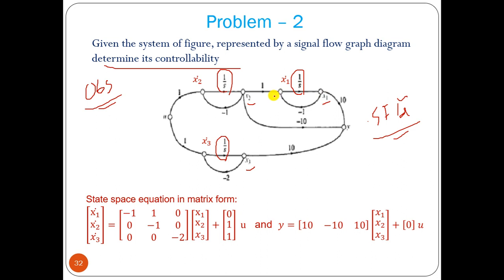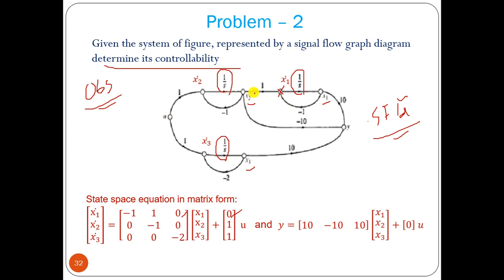derivative of the variable. Okay, now we can find x1 dot equal to what? Minus 1 x1, 1 x2, x3 is not connected, so 0, input is not connected, so 0.